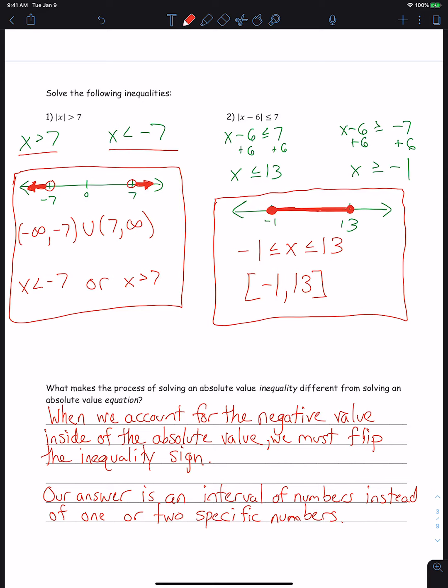That's what comes to my mind. Definitely that first one is the biggest difference for the process of solving absolute value equations and inequalities. So on the next page, we're going to solve some more absolute value inequalities, and that will be it for the lesson.